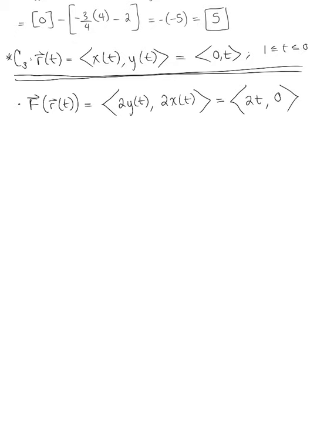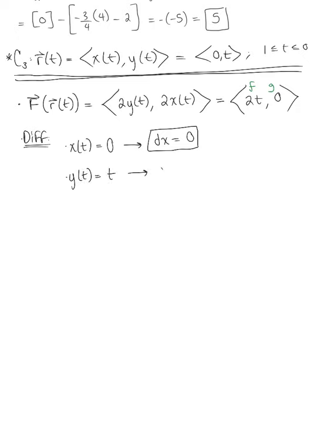And then we'll keep in mind for our integration that these components are represented by f and g. And now we want to find our differentials for dx and dy. So x of t is 0, letting us know that dx is 0. And then the y of t component is defined as t, so dy is equal to dt.